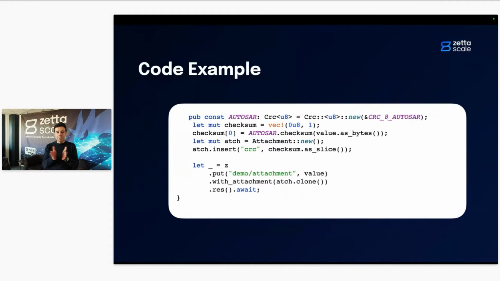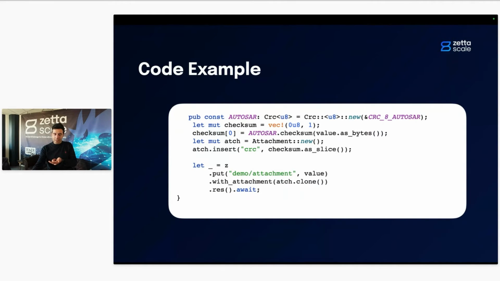In this case, I'm using the CRC crate to generate AutoSAR CRC. The first few lines of code are just about AutoSAR CRC. I'm computing a CRC, creating a new attachment, and inserting a key value where the key is called CRC and the value happens to be the result of the CRC computation.